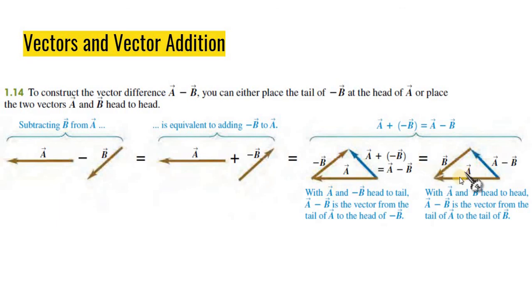You can also do this by connecting head to head. The head of vector A is connected to the head of vector B, and then you draw the arrow from the tail of vector A to the tail of vector B, and then you'll get the resultant vector.